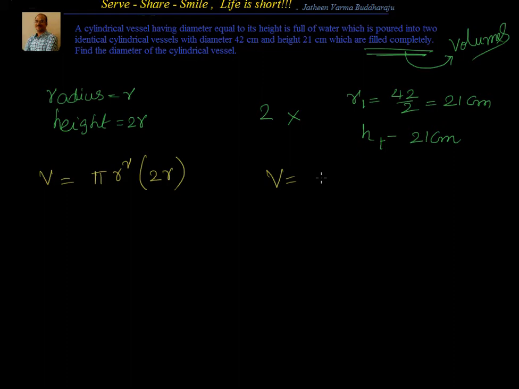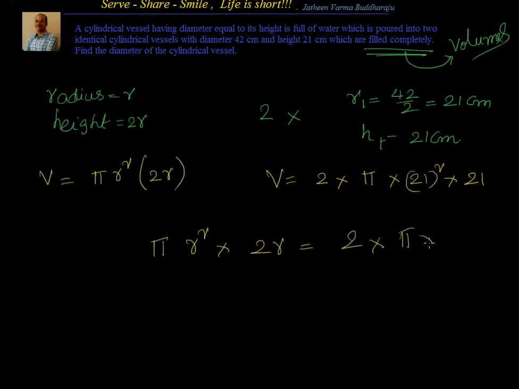What's the volume here? Two cylinders, and we have pi into R1 square, that's equal to 21 square, into H1, that's equal to 21. So we have to equate these two because we know the volume is the same. So it will become pi into R square into 2R equal to 2 into pi into 21 square into 21, or 21 cube.